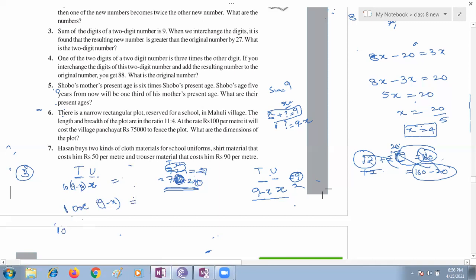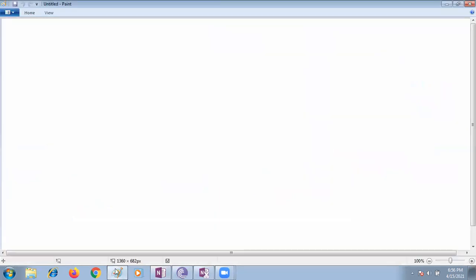Let me take the other screen, children, because you will understand neatly on this screen. Are you able to see the white screen? Units place, tens place. What are the conditions given in our question?